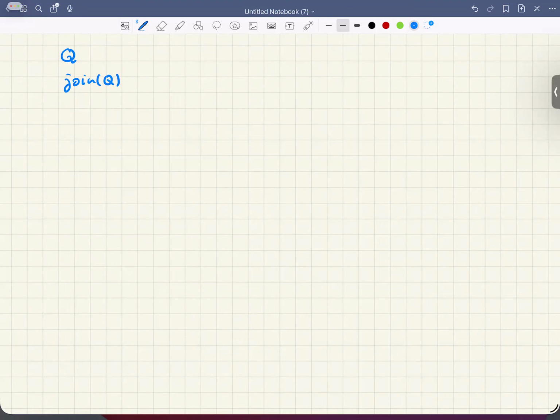Now I want to argue that it's very difficult, if not impossible, for you to come up with a polynomial time algorithm to find this join result. But I have to be careful, because it's not so clear what I mean by polynomial time, because the size of the join result can be exponential in the input.